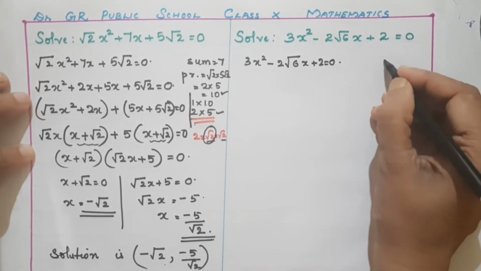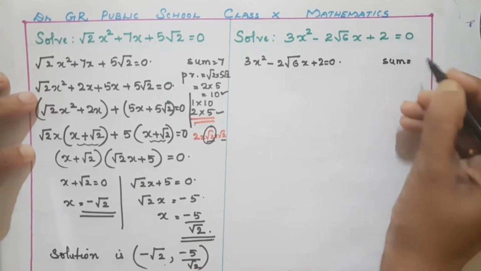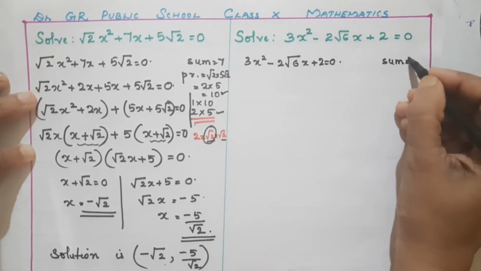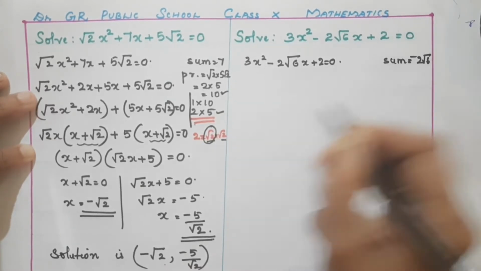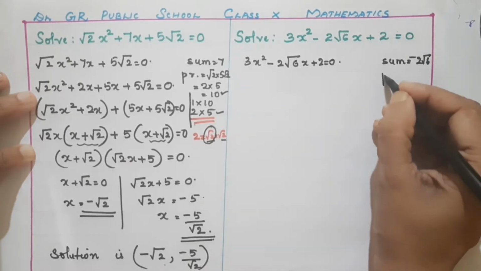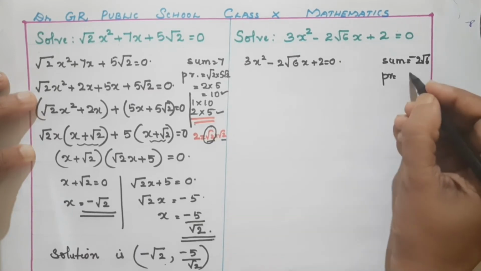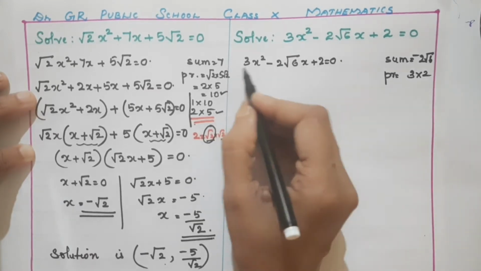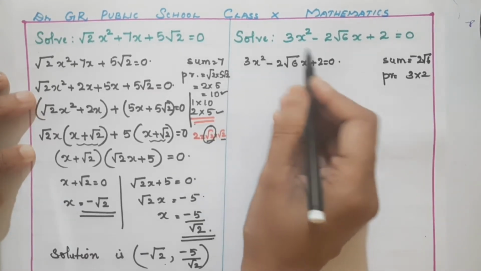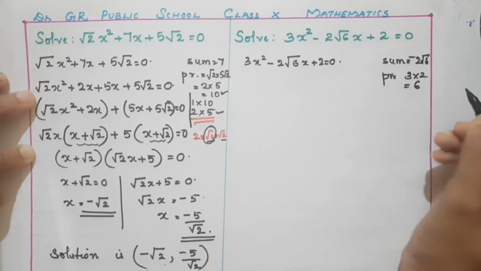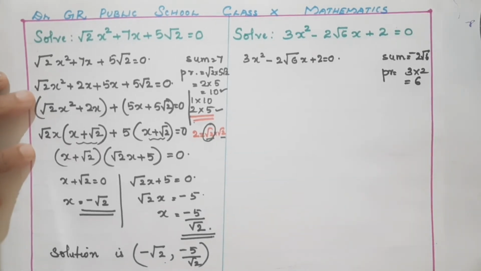The sum should be middle minus 2 root 6. Okay. Then product should be 3 into 2. Don't forget to consider this coefficient. 3 into 2, we should get 6. Okay.